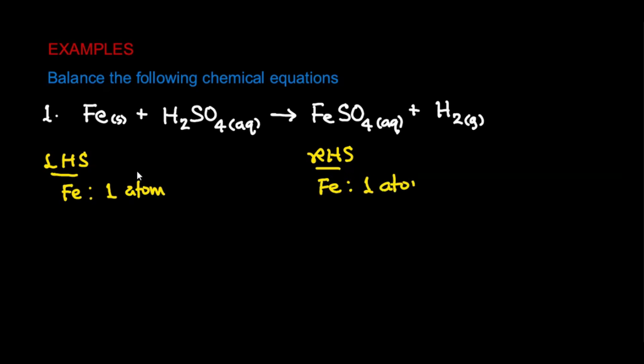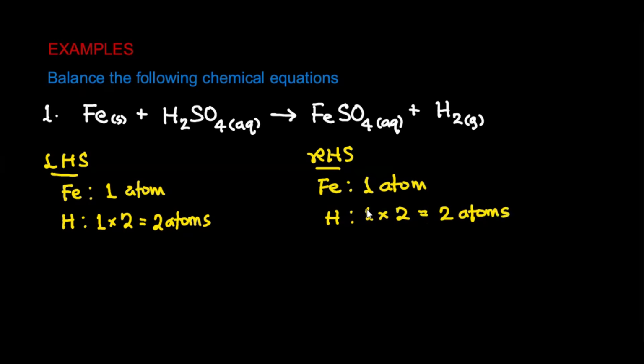The next is hydrogen. How many atoms of hydrogen do I have on the left-hand side? That's 1 times 2, which gives me 2 atoms. On the right-hand side, hydrogen is 1 times 2. That gives me 2 atoms.